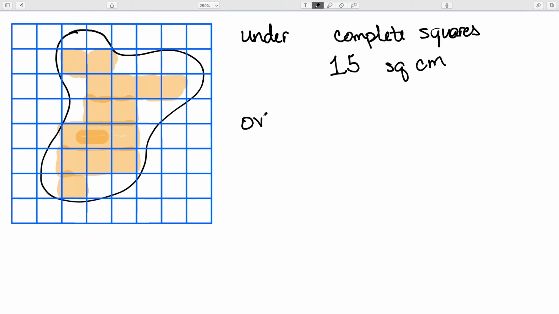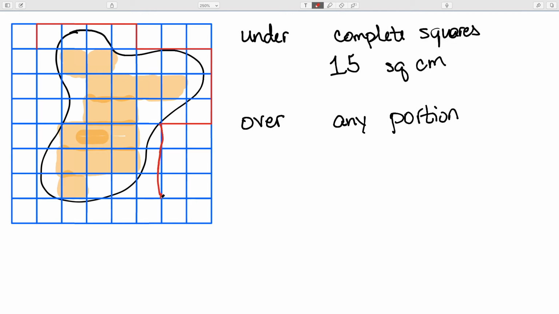For an overestimate, then we want to look at all the squares that have any portions. So for this, we're going to outline this shape to include any squares that have any portion whatsoever of this particular irregular shape.